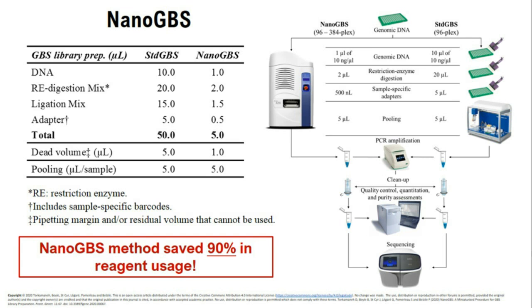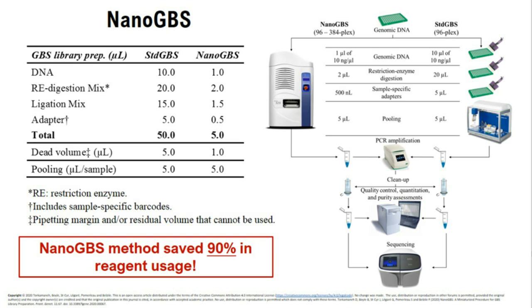That means we use only 1 microliter of DNA, 2 microliters of enzymes, 1/2 microliter of ligation mix, and only 0.5 microliter of adapters. Our final reaction was 5 microliters, and we used the totality of this reaction for the pooling. That means we had zero waste in this case.